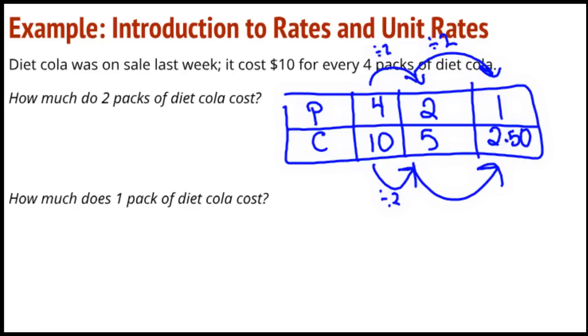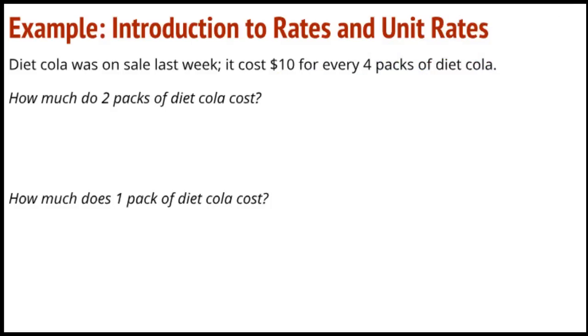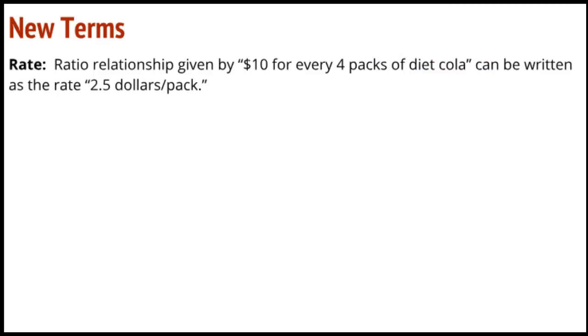So what we've got here is we have this ratio, $10 for every 4 packs, and we have turned it into a rate, and more importantly, a unit rate. So let's take a look at some of the vocabulary words that we're throwing around here. So a rate is a ratio relationship.